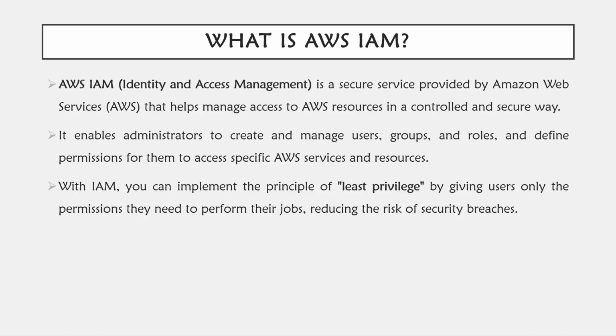So with IAM, you can implement the principle of least privilege by giving users only the permissions they need to perform their jobs, reducing the risk of security breaches. So with the root access, you are going to create IAM users by giving some particular permissions, and on that basis they work. It also supports multi-factor authentication for an extra layer of security, and allows access to AWS resources through the AWS Management Console and CLI.